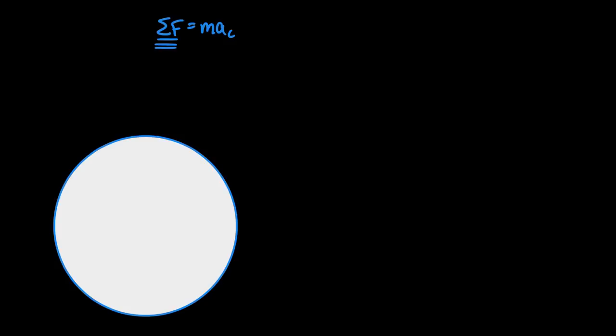If I don't want it to slide off, then I need to remember that this balance will have to be struck. I have a limit to how much force I can have. It's coming from friction. So if this is my record and my coin's being placed somewhere away from the center, it's going to have a tangential velocity that's dependent on how far away from the center it is.